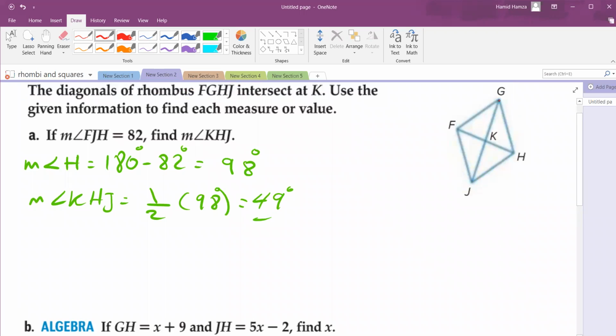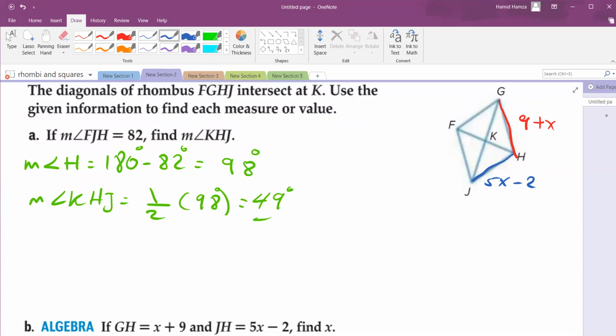So this line is 9 plus x. And JH, this one, is 5x minus 2. And we wanted to find the value of x. So what is the relation between these two lines, guys?